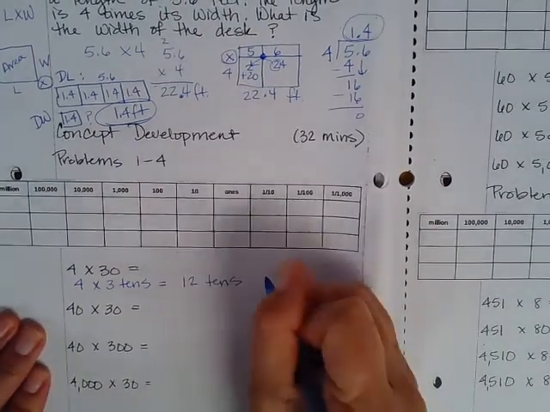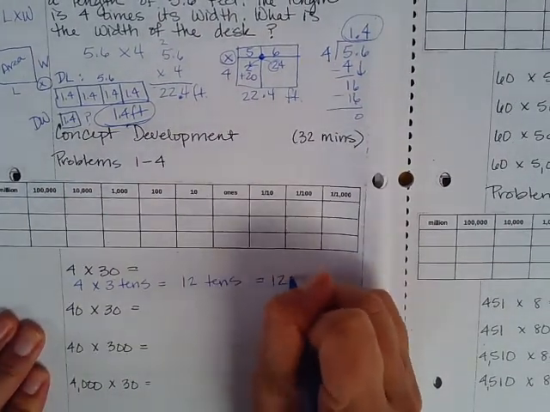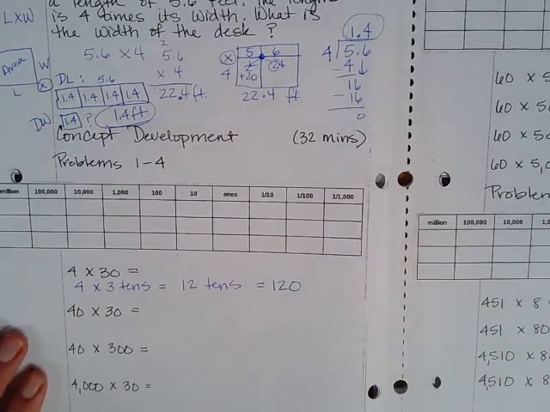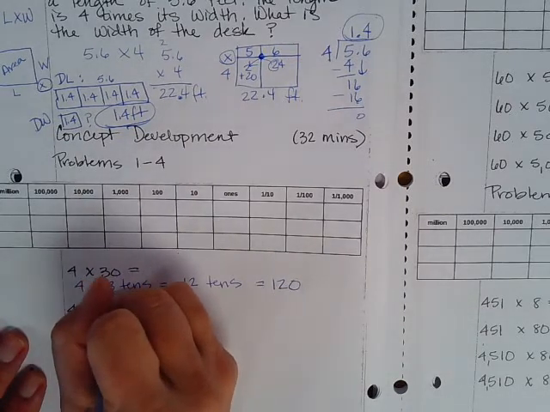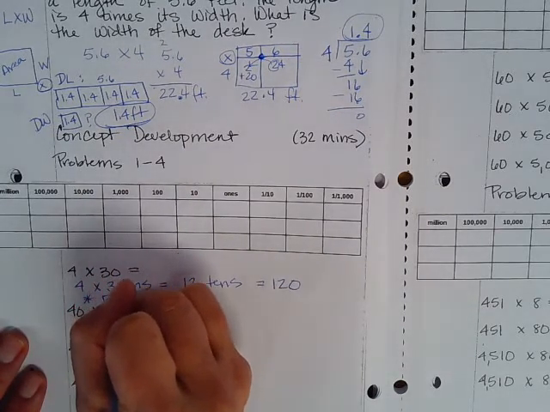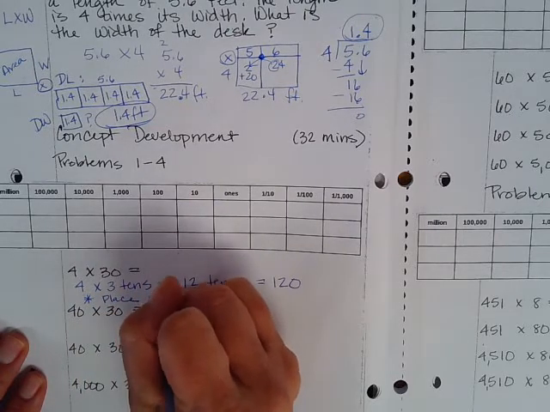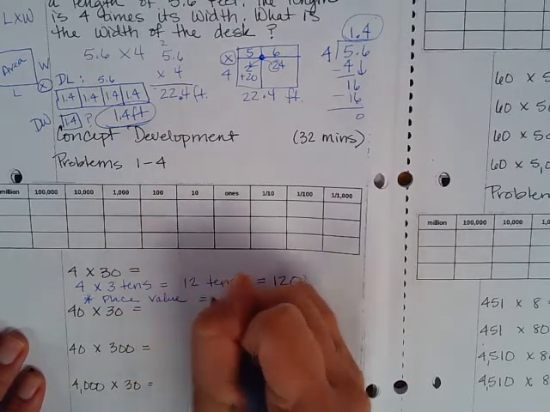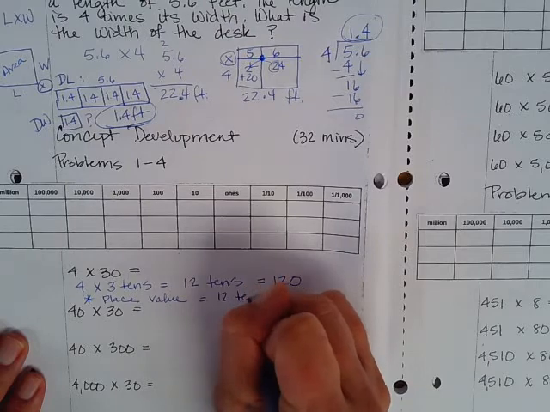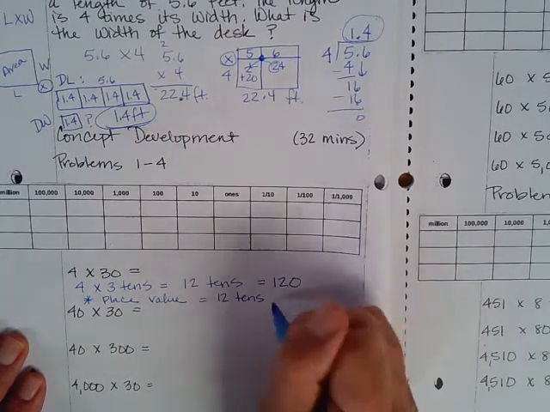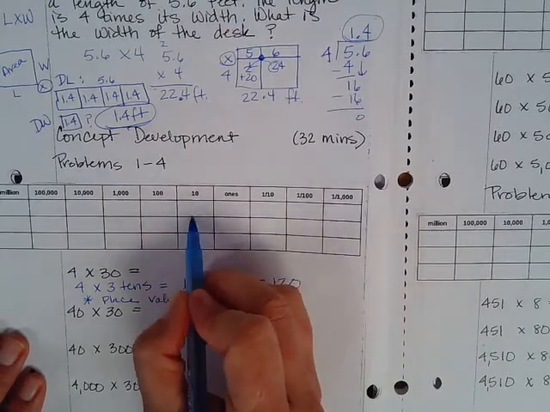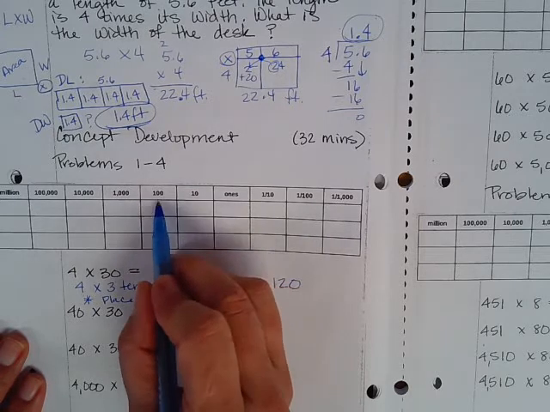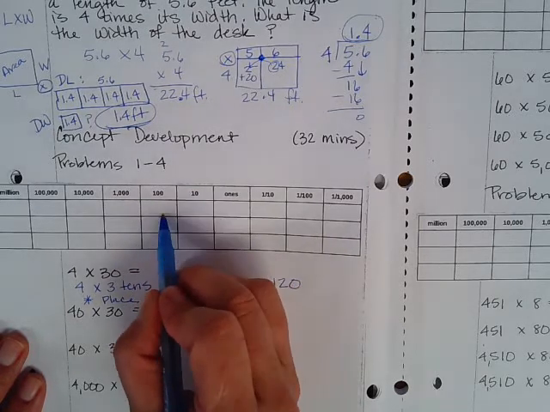Well, the standard form of 12 tens is 120. So in the place value chart, there are 12 tens. You would have 12 tens, and you know you'd have to move one over, right?